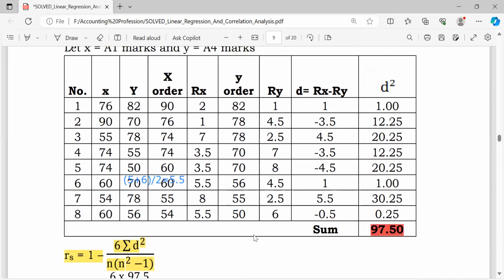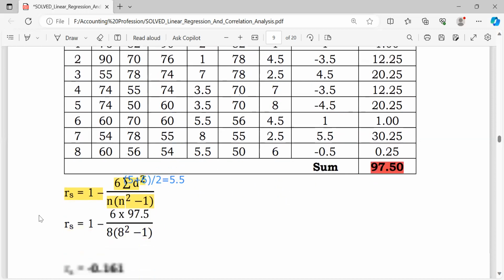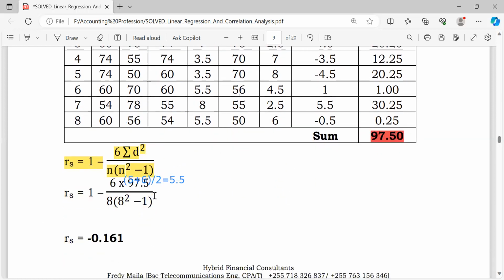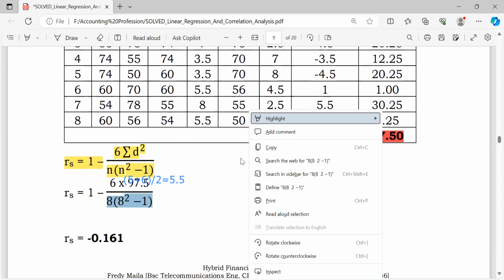We just count the rows. We had the first data pair, 76 and 82, the second 55 and 78, the third 74 and 55, the fourth. Actually, the numbers are written here, so it's 8. So you can have your 8 here. This is what we have, 8.